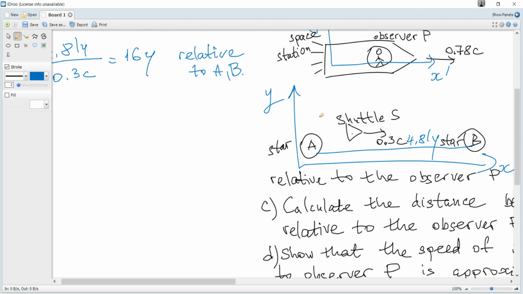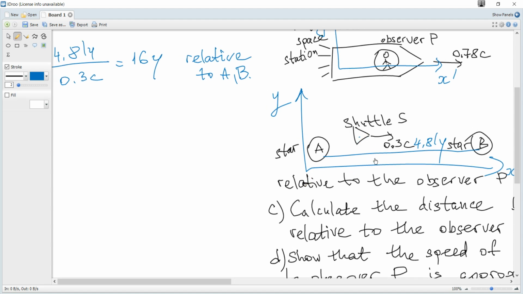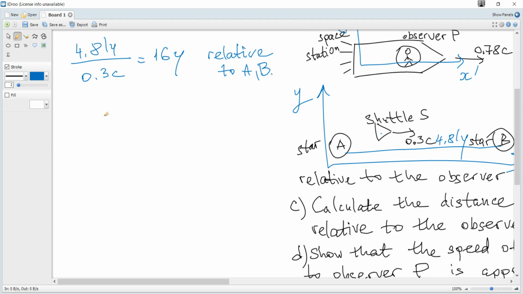If we consider a new reference frame relative to the shuttle and the reference frame relative to the stars, we'll measure dilated time relative to the stars, and relative to the shuttle we'll measure proper time.